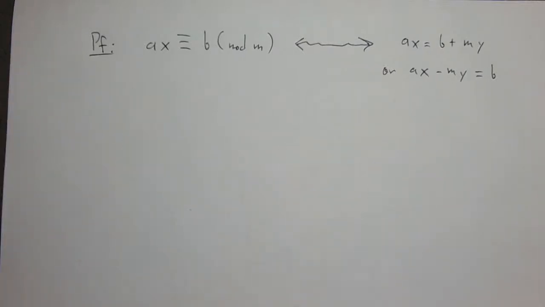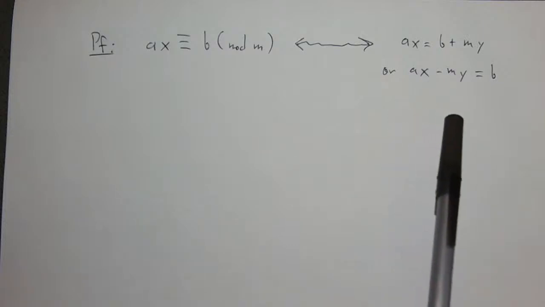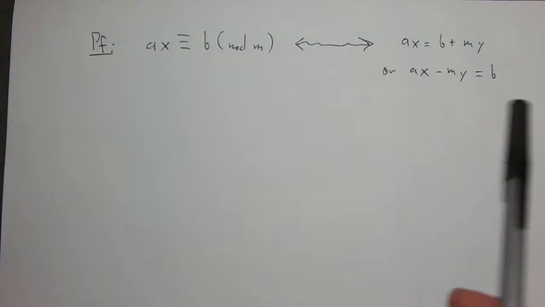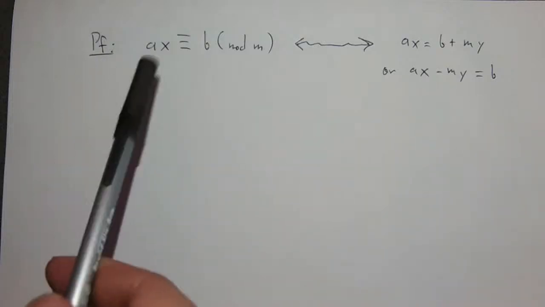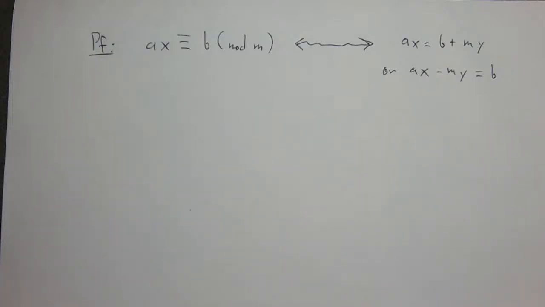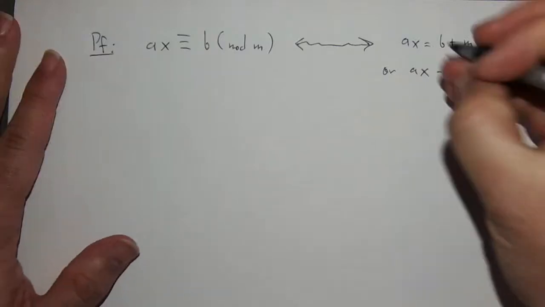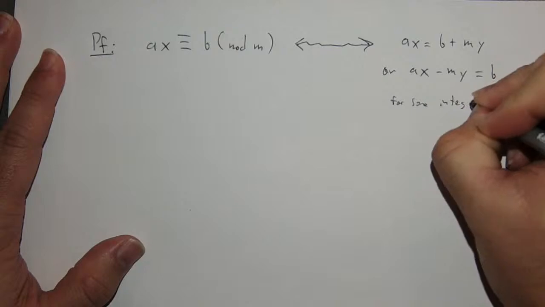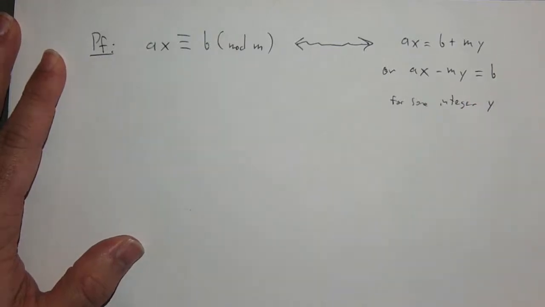Going in either direction here, having this relationship between a, m, and b, and having the congruence ax congruent to b mod m, these two things are equivalent, for some integer y.